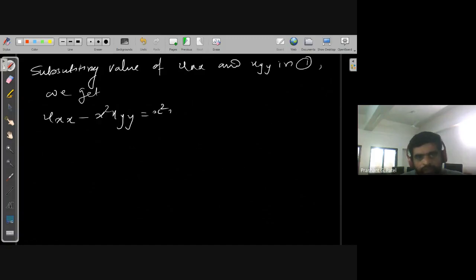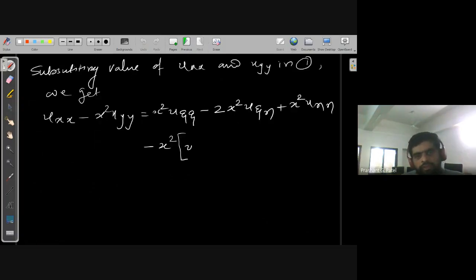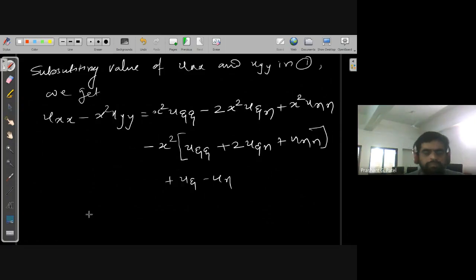That is x square u xi xi minus 2x square u xi eta plus x square u eta eta minus x square uyy, which we have calculated here. That is u xi xi plus 2 u xi eta plus u eta eta, and another two values are left here, that is u xi minus u eta.